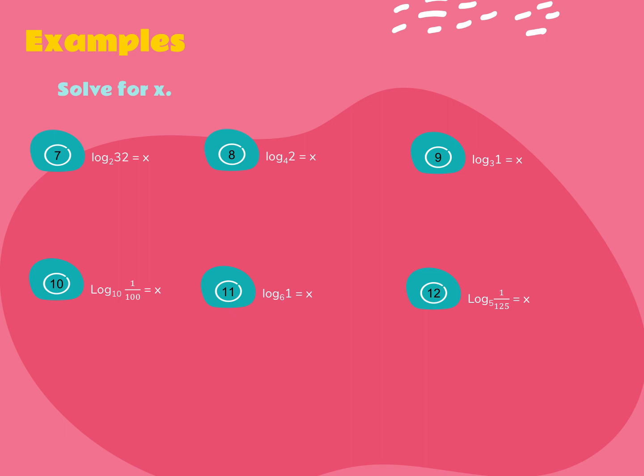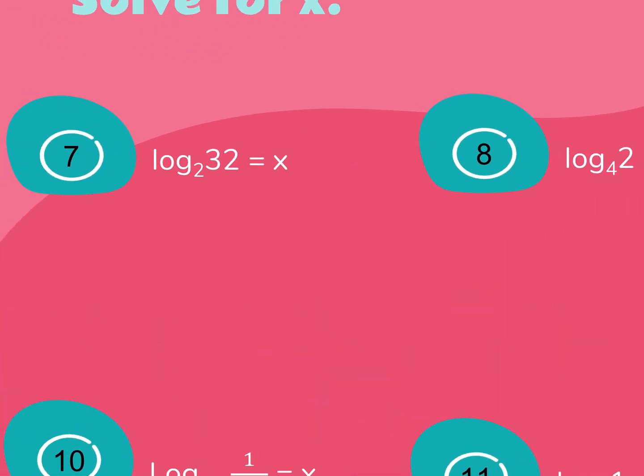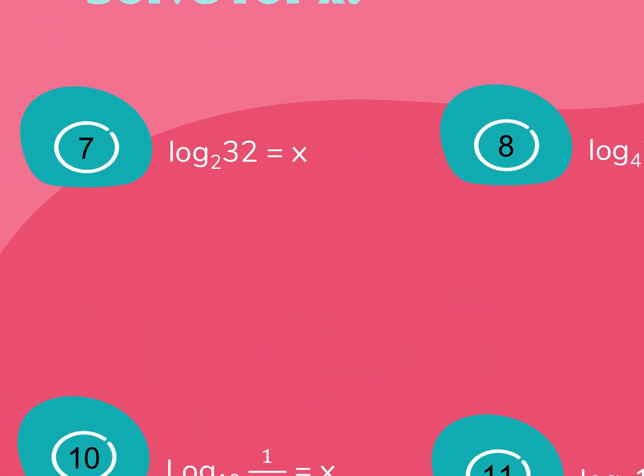All right, next one. So here we go. It wants us to solve for x. So the bottom line is if you're given something like this and they ask you to evaluate it without a calculator, if you can't do it when it's in log form, then you're going to switch it to exponential. So we're going to go ahead and change this, and we could use our BAE trick if you want. So BAE right now.